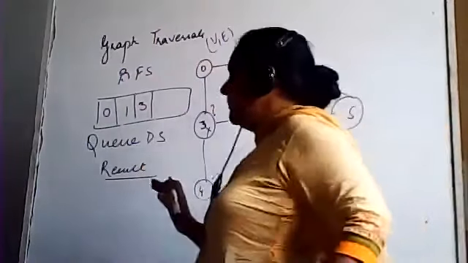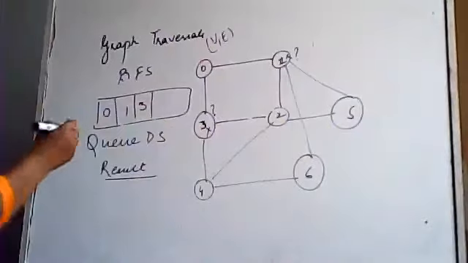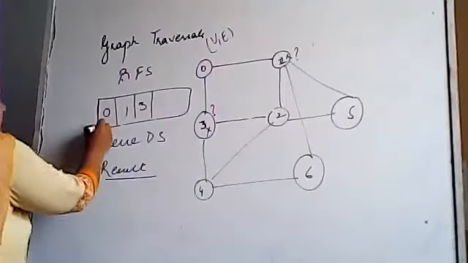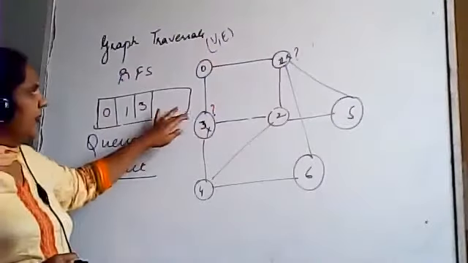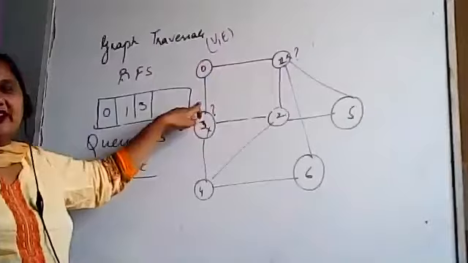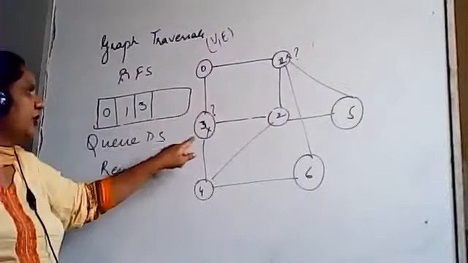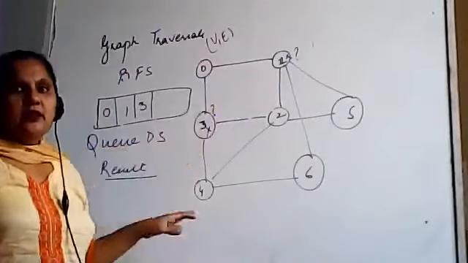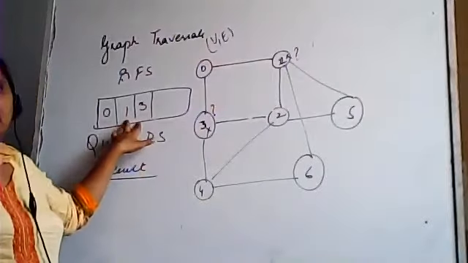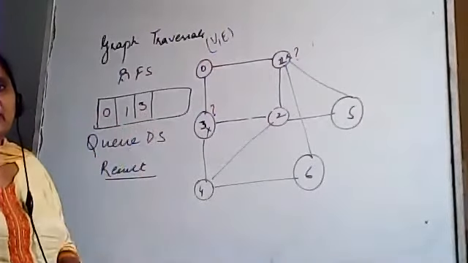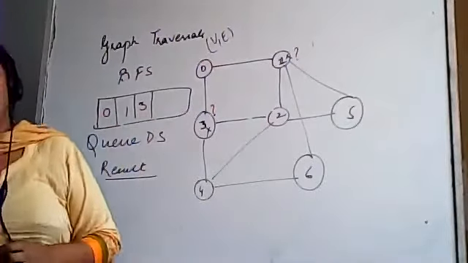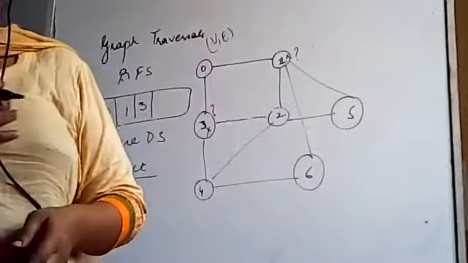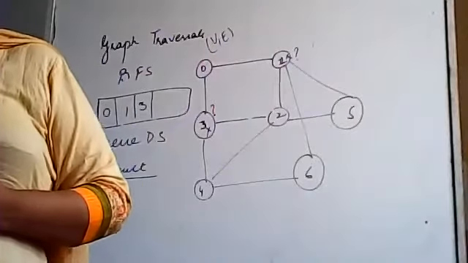Directly connected vertices of 0 are only 2, that is 3 and 1. So we have pushed both 1 and 3 inside the queue. That means 0 is processed.